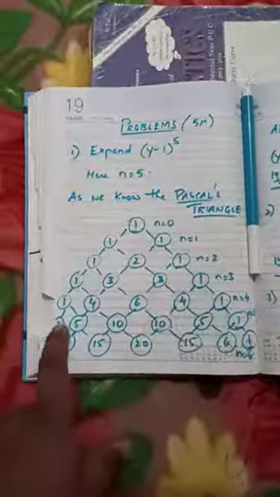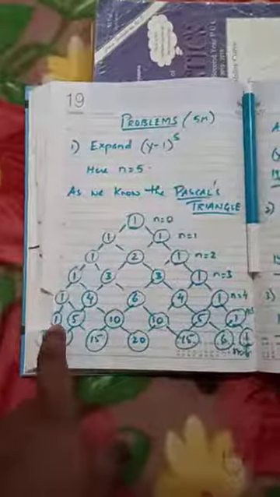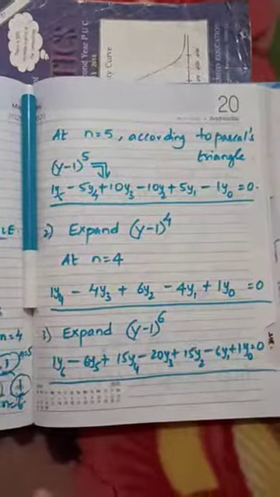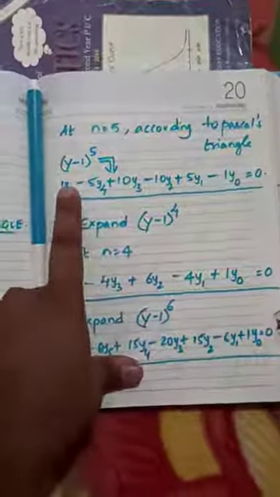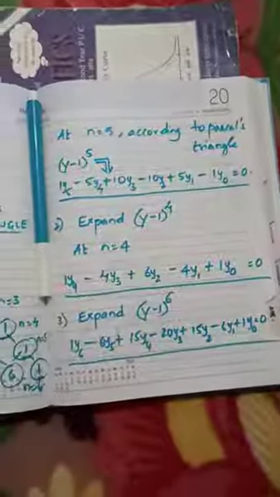n equals 2, 3, 4, 5. So look at the triangle at n equals 5, the line 1, 5, 10, 10, 5, 1. First write that one. At n equals 5, according to Pascal's triangle, first write 1, 5, 10, 10, 5, 1 equated to 0. Write that first.